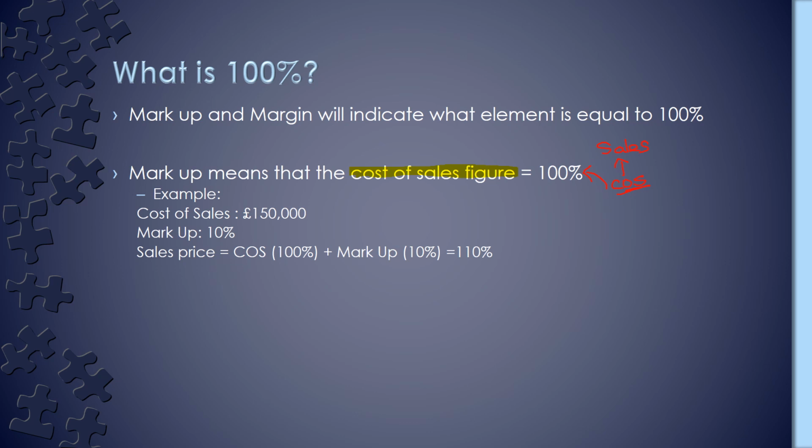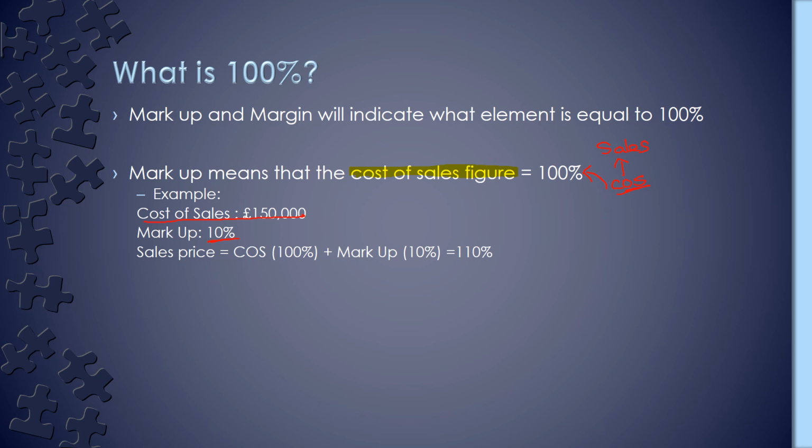So let's look at this here. We've got cost of sales given to us of 150,000. We're given a markup of 10%. The markup here tells us that we need to add on 10% to the cost of sales of 150,000 to reach our sales price.